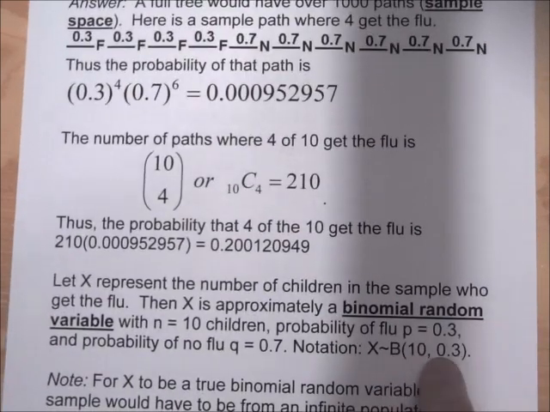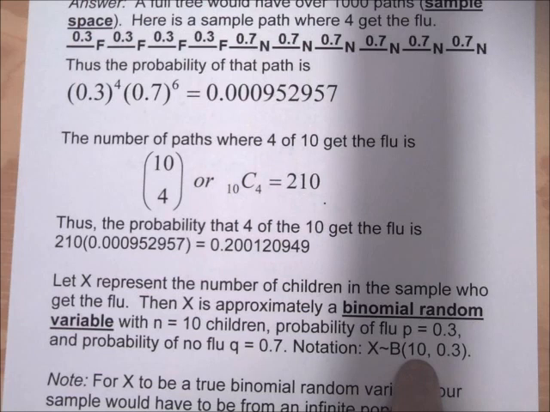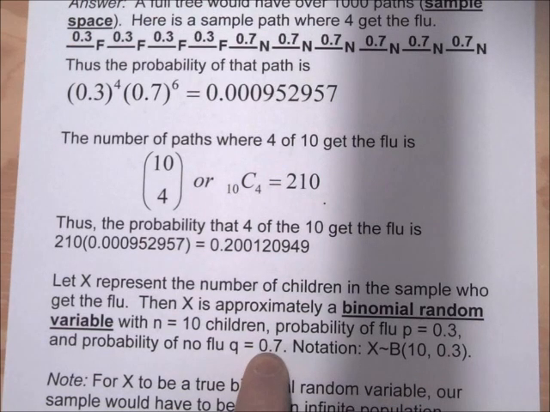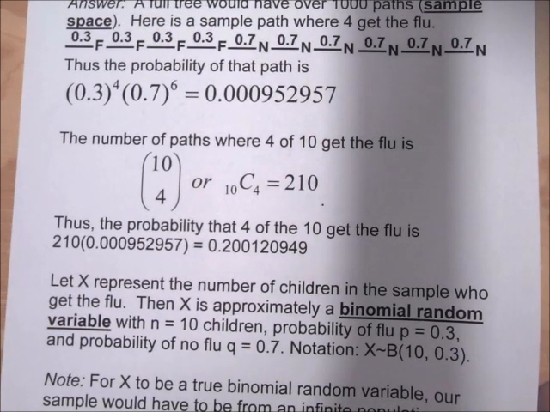This notation describes the binomial. For the binomial, that's as much as you need to know in order to compute the probabilities. You need to know the sample size, and you need to know p. Once you know p, you can compute q, which is 1 minus p.